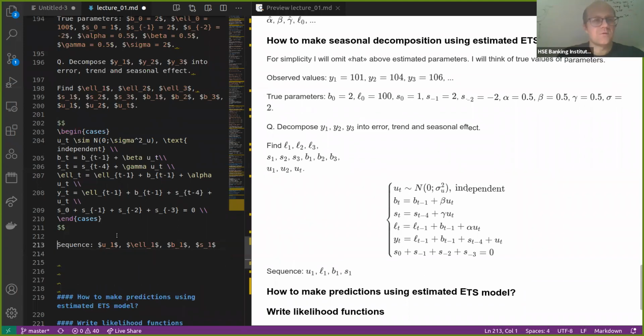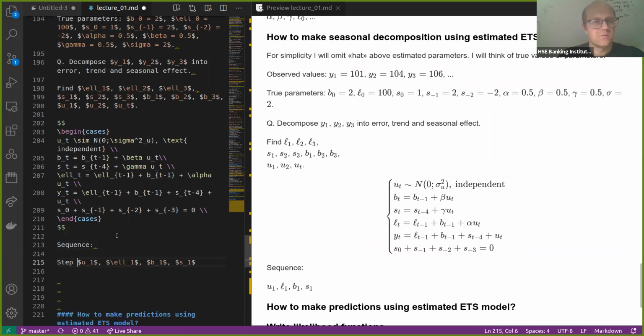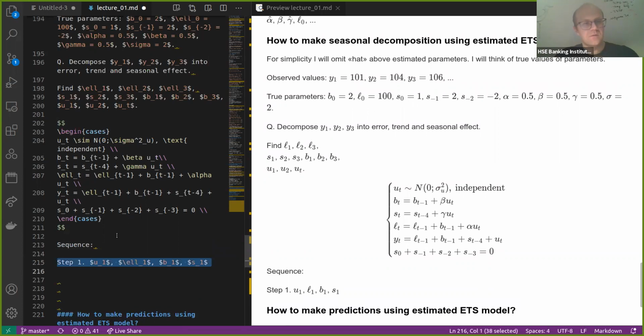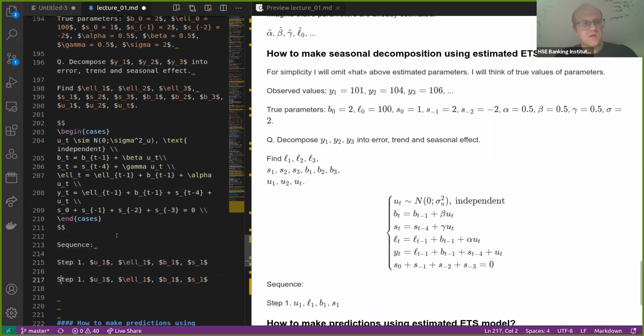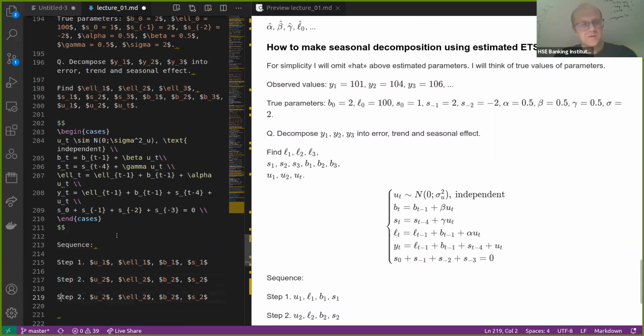Then, step 2, you won't believe me, I will calculate U2, L2, B2, S2, and then, you will never guess, U3, L3, B3, S3.